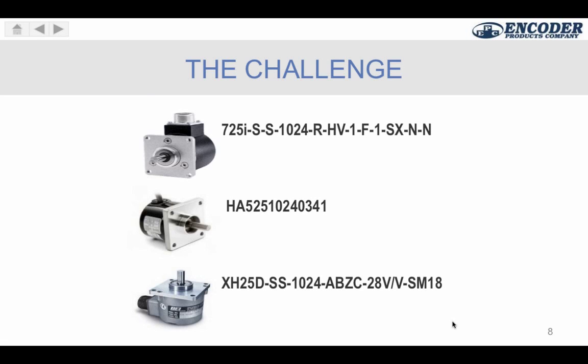Also, some additional challenges: we are in a highly fragmented industry and application. Encoders can be defined as everything from the one on your little desktop printer to devices that go into outer space to do robotics on Mars, and everything in between.